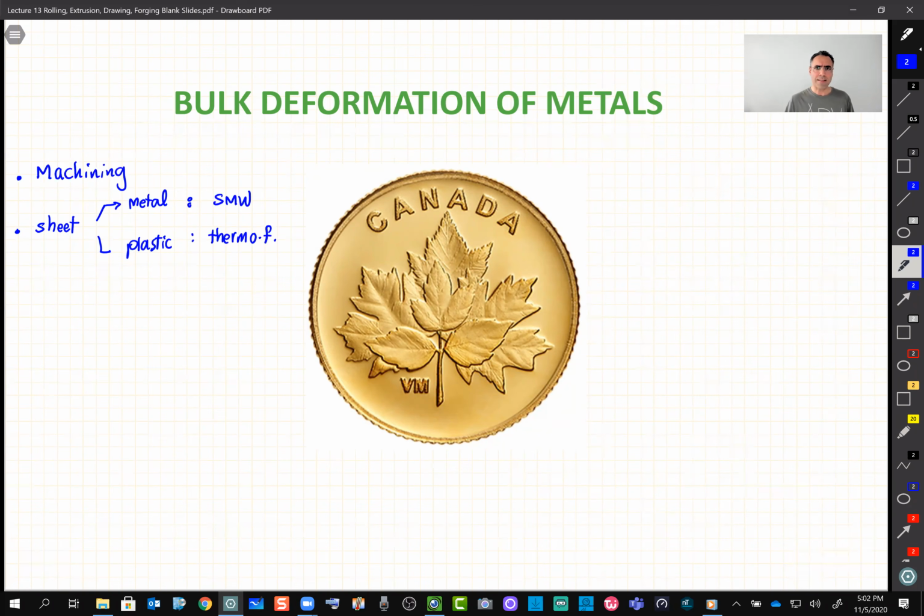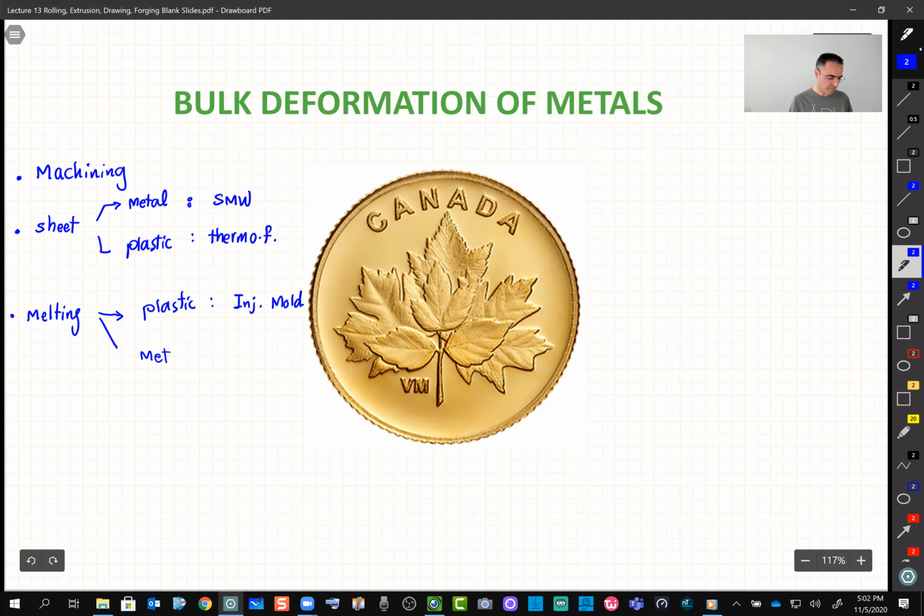And with either metals or plastic, we learned another way to make things, which is by melting them. So we start by melting, and if the material is plastic, the process that we learned was injection molding. And if it's a metal, then we learned we have the option of casting.